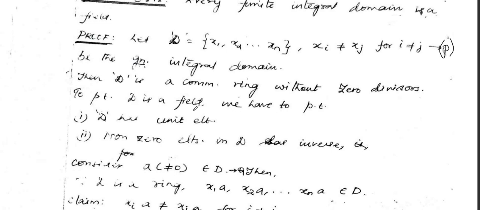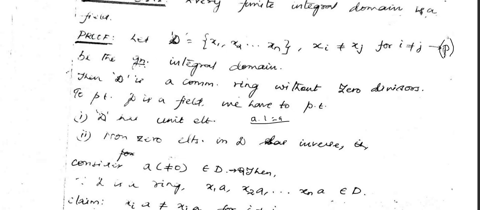Now to prove that D is a field, we have to prove that every non-zero element in D has an inverse. D should have a unit element in the sense that when we multiply any element a in D, we should have a into 1 is equal to a equal to 1 into a, because commutativity holds.